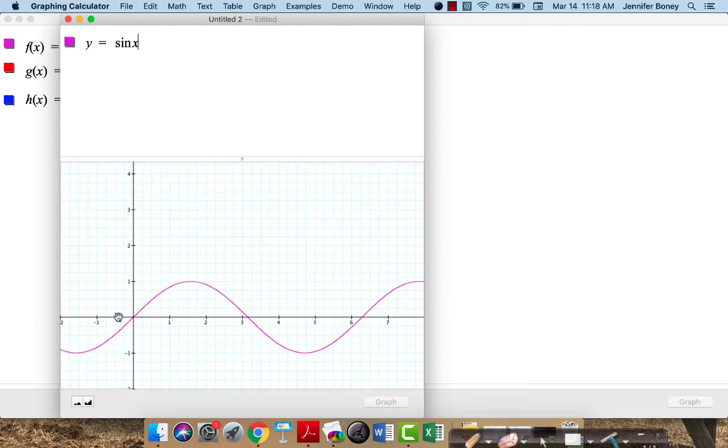Near the origin, this is going uphill, a little bit to the left and a little bit to the right. It reaches a peak around, well, I know it's at pi over 2, so right around 1.57, and then decreases for a while, then increases, and it repeats over and over again.